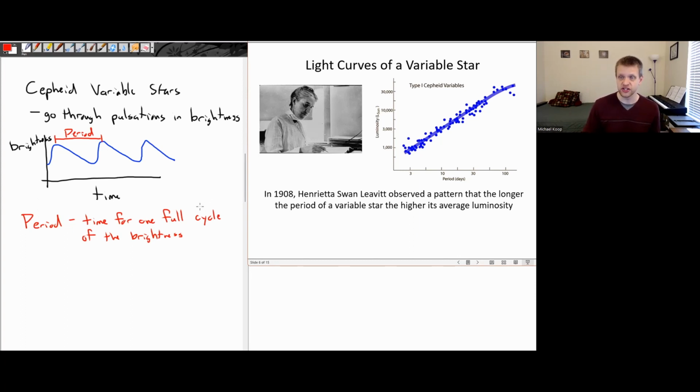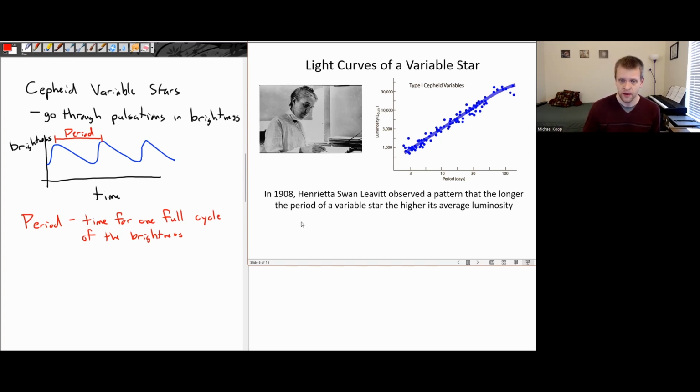And she was looking specifically at these Cepheid variable stars. Earlier in the course, when we talked about stellar classification, it was also these groups of women that were making those repeated observations, finding these patterns in the spectra, and going through and starting to classify some of these types of stars.